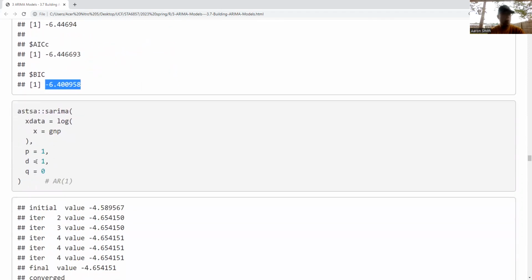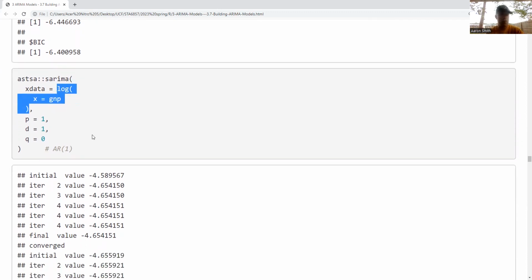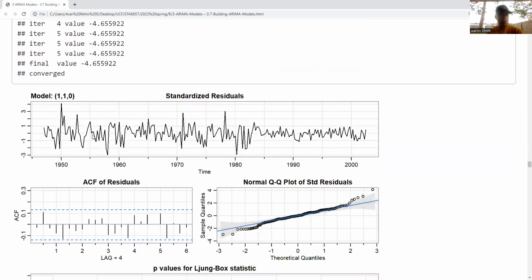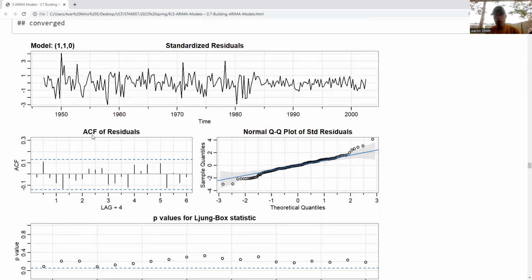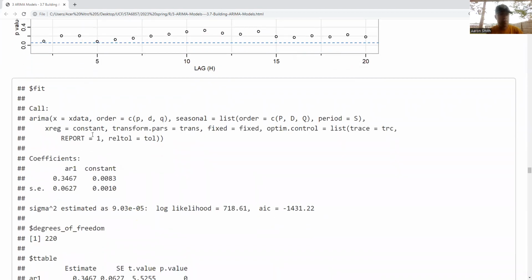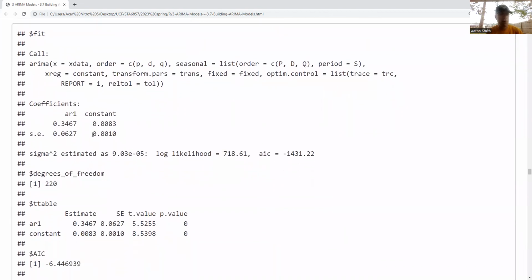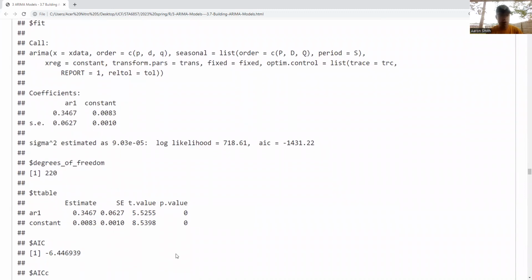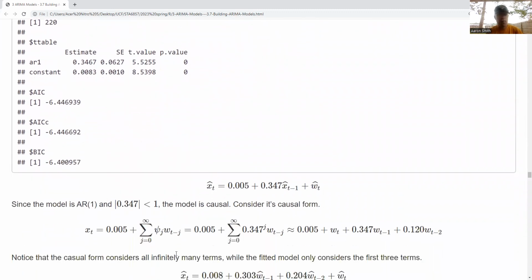And here I'm running through the same autoregressive 1 model, but I am letting R take care of the differencing for me, while I take care of the logarithm myself. And we get exactly the same output as we just looked at a moment ago. Everything's statistically significant and looking good.